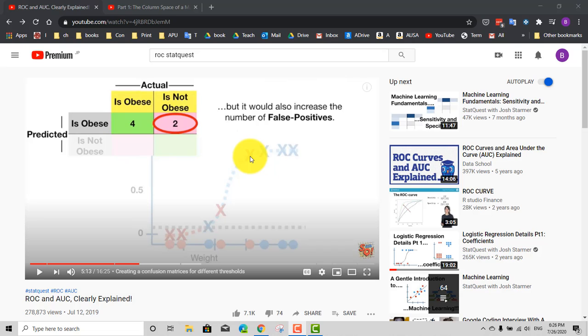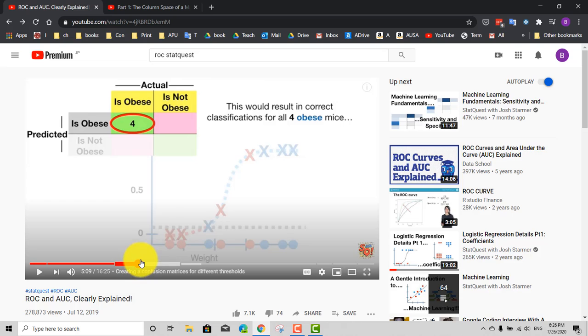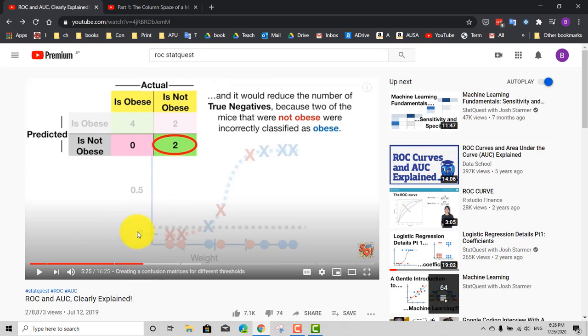Even this one was a mistake before, but now this one will also be a mistake when we bring this down to here. This one will be predicted as obese, or blue, when it's actually not obese, it's red. This one was a mistake even at 50%, but this one will now be added to the mistakes. So this one was 1 before when we did the 50% cutoff, but now it is 2.